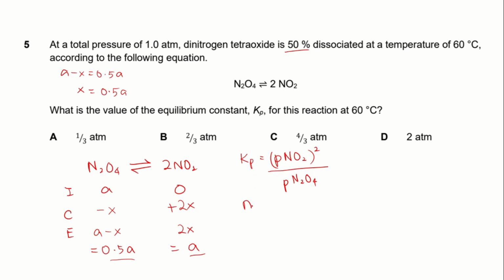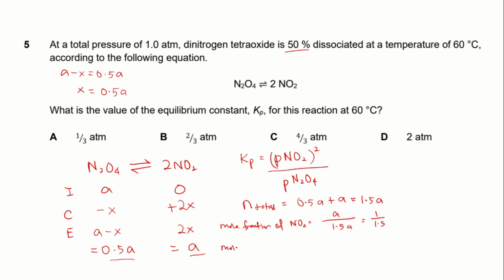I need the total number of moles at equilibrium, which is 0.5 A plus A. So there'll be 1.5 A. The mole fraction of the product NO2 will be the number of moles of the product, which is A, divided by the total number of moles. So that would be A over 1.5 A, so 1 over 1.5.